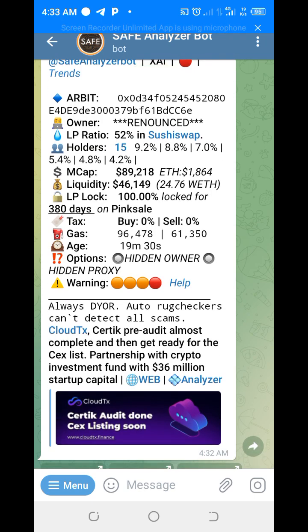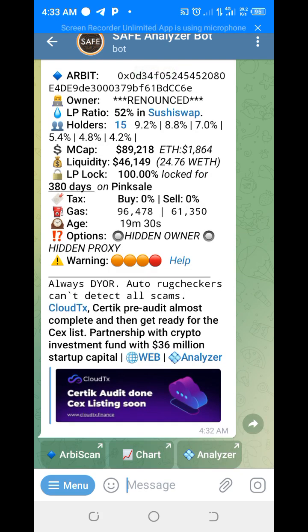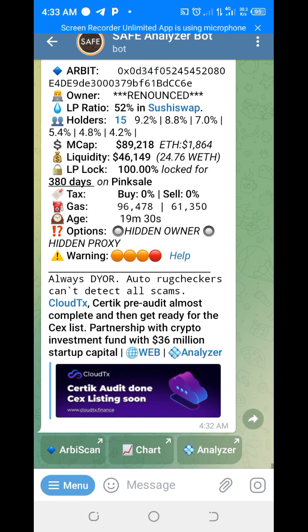The market cap of the token is 89.2 thousand. The liquidity pool that has been locked is 100%, locked for 380 days. The buy tax is 0, and thereabouts.